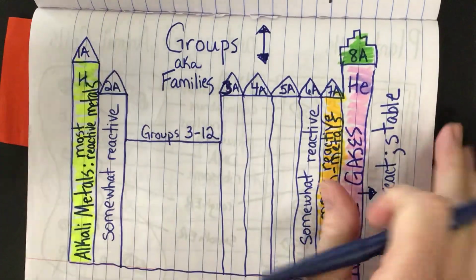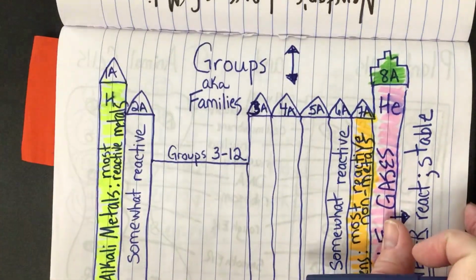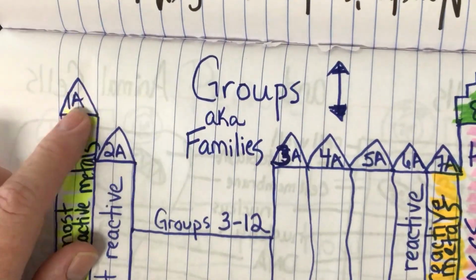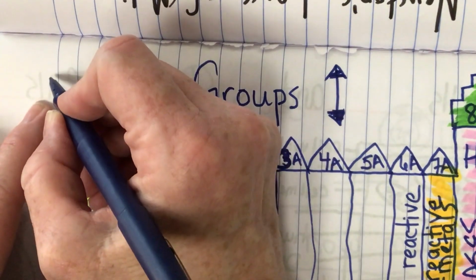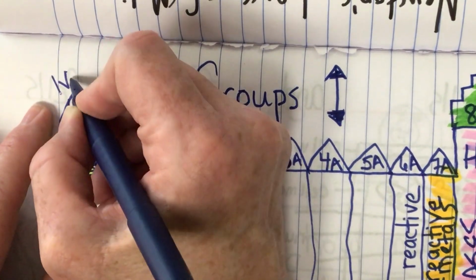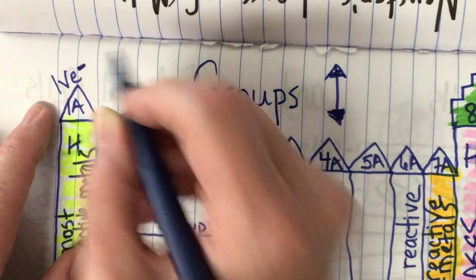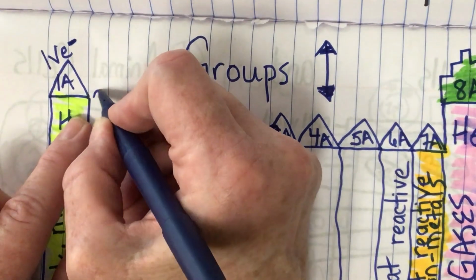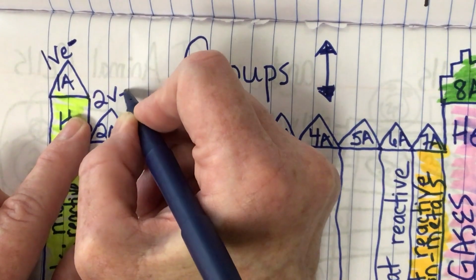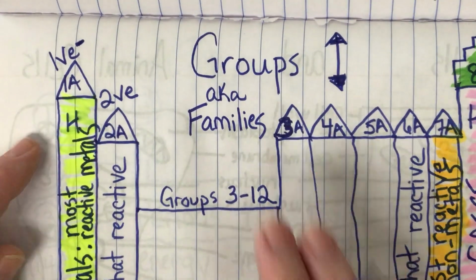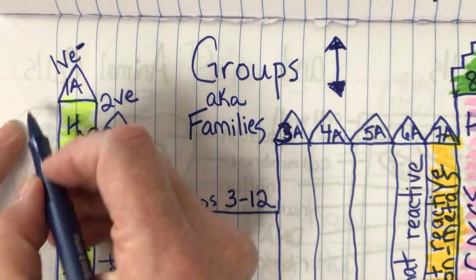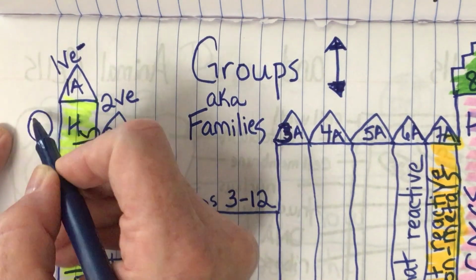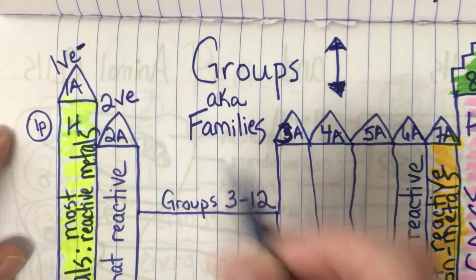Okay, so we're going to look at group 1. Group 1 is going to have 1 valence electron. Group 2 is going to have 2 valence electrons. So I'll just show you. If we've got hydrogen here, hydrogen has 1 proton in the center.